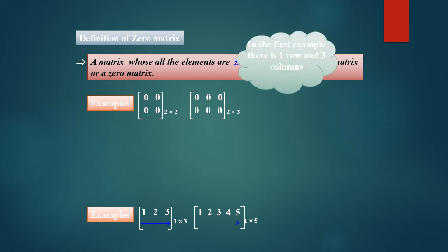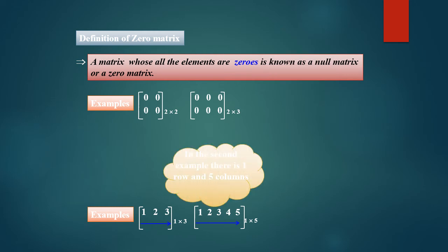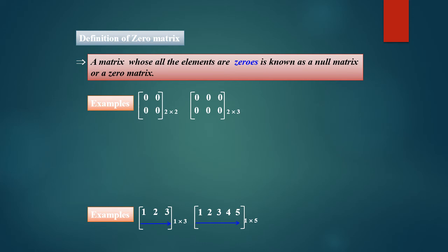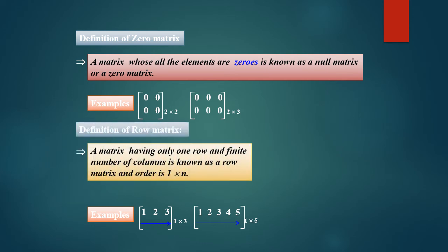In both the examples we can see there is only one row, that means only one row and any number of columns, which leads to the definition of a row matrix. A row matrix can be defined as a matrix having one and only one row and a finite number of columns. And the order of a row matrix is 1 cross n.